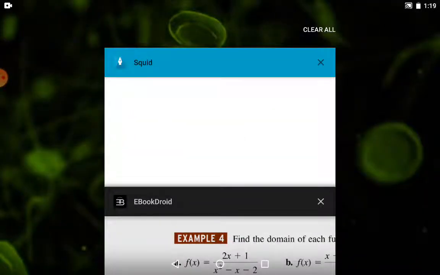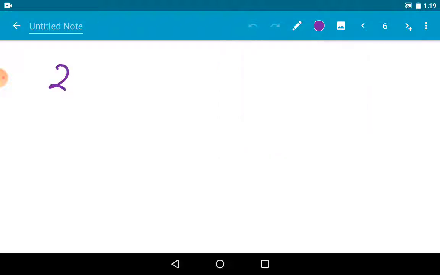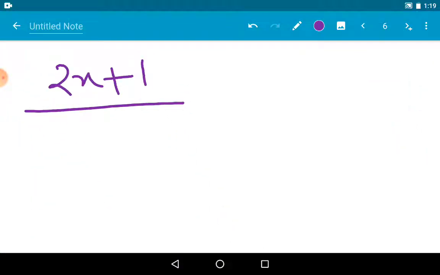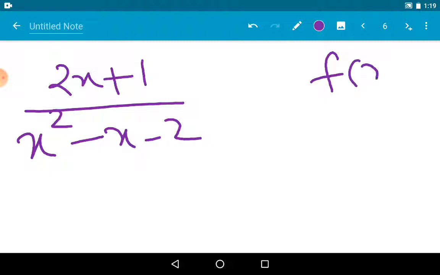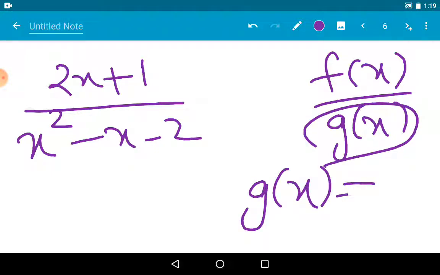Let's look at this function: f(x) equals (2x plus 1) divided by (x square minus x minus 2). When we write a function this way, f(x) by g(x), surely g(x) should not be equal to 0.